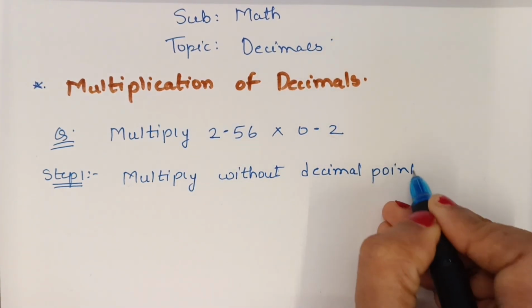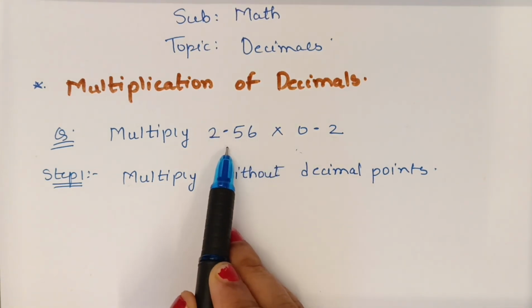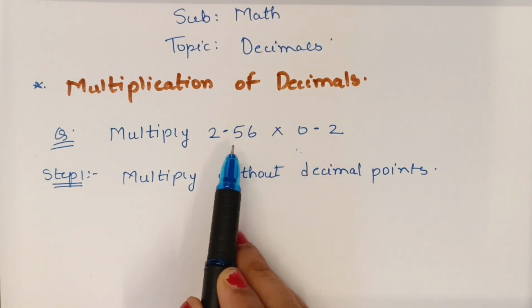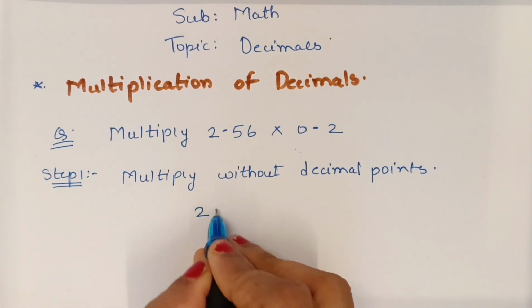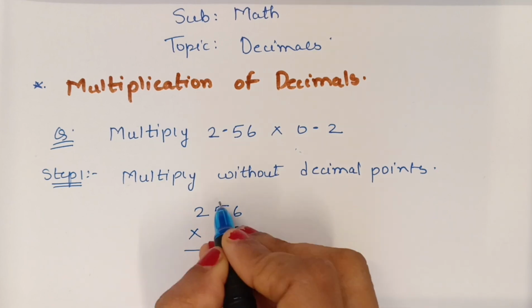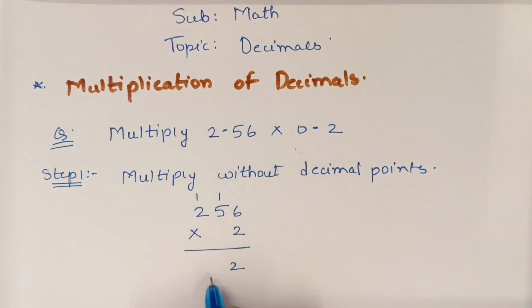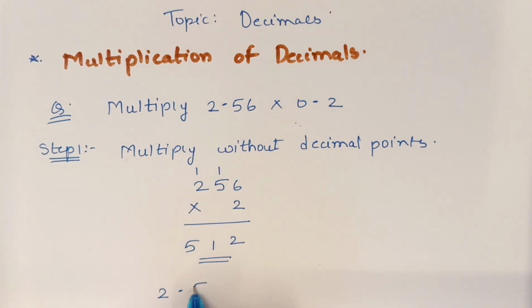It means forget about the decimal points and only multiply, like whole numbers. 256 into 2. So 512.